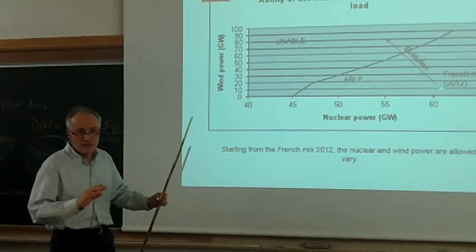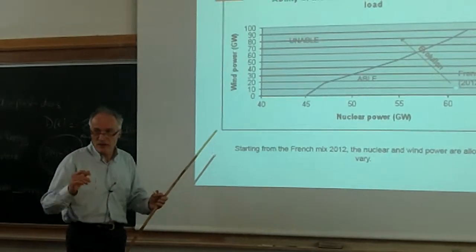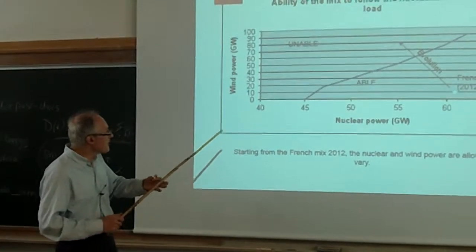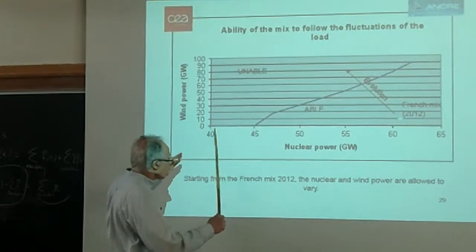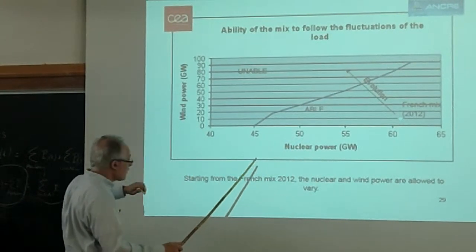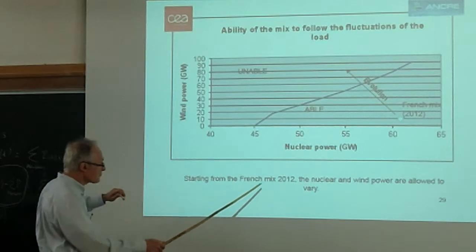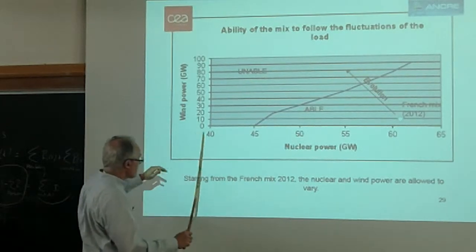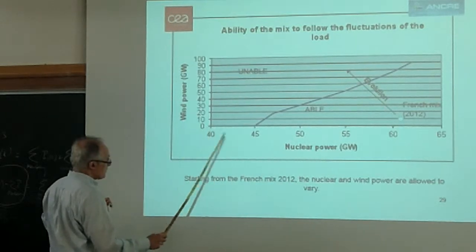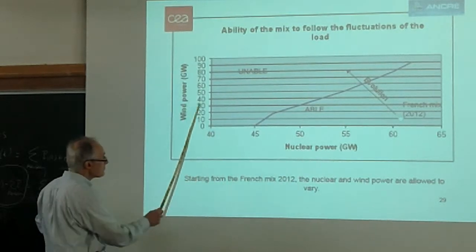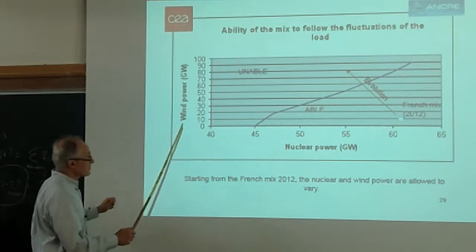And okay, I have no time to go into detail right now, but we derived from this kind of graph, where you see, starting from the French mix 2012, we plotted in abscissa the nuclear power in gigawatt and the wind power in gigawatt again.